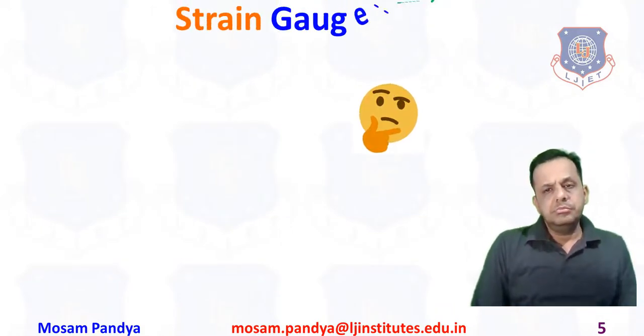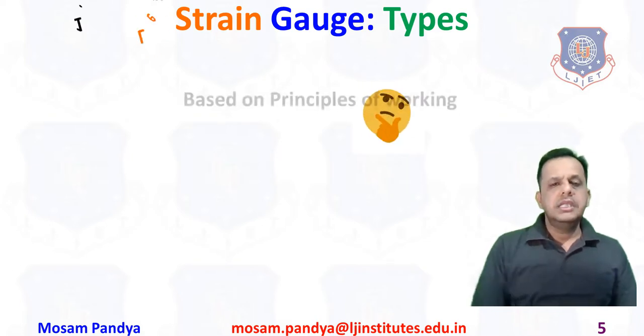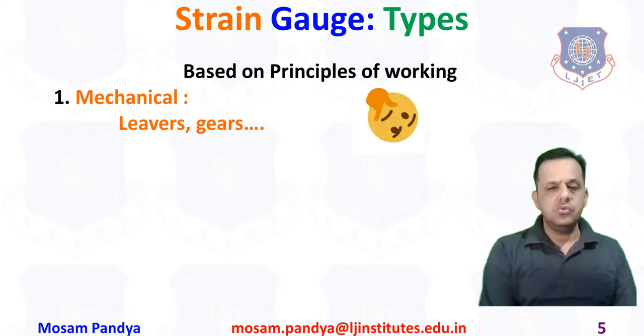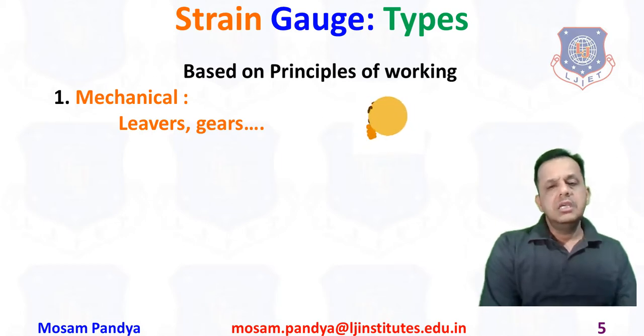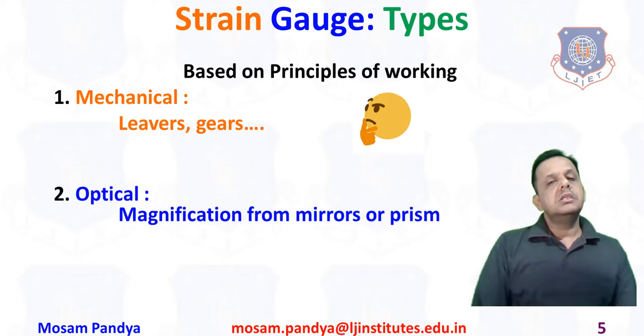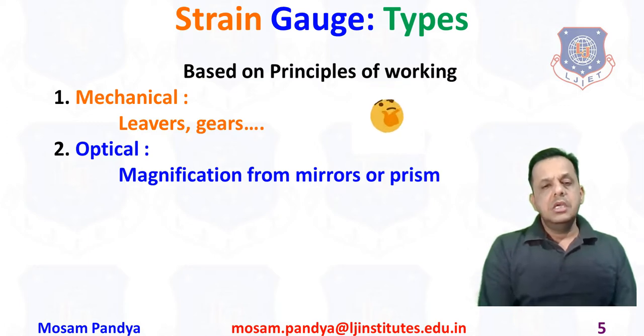So basically, what are the types? Let us see. First is the mechanical type of strain gauge, where basically levers and gears are utilized to reflect the change in length or displacement due to application of stress and strain. Another is optical, where magnification from a mirror or prism can be used.